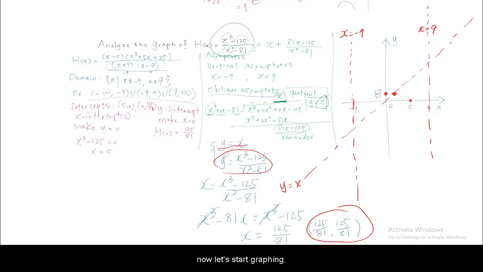Okay, now let's start graphing. First, naturally, we'll connect these points. Now, since the multiplicity for this x-intercept is 1, because x minus 5 only shows up in the numerator once, the graph will cross at this x-intercept. Instead of touching it, it will cross it and go all the way down, because x equals 9 is a vertical asymptote.